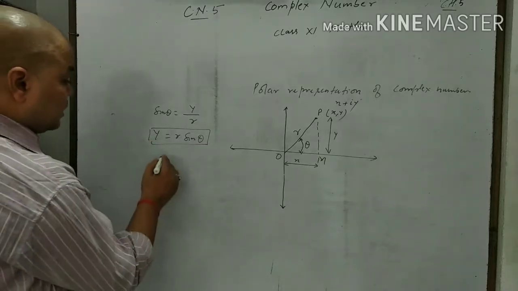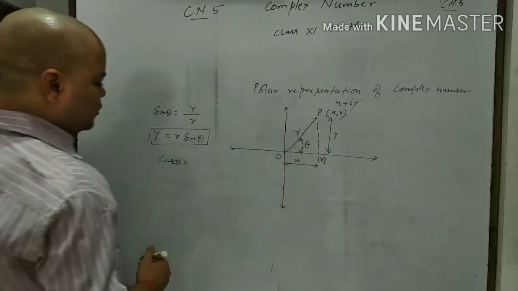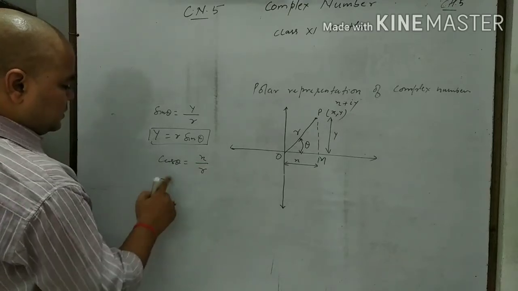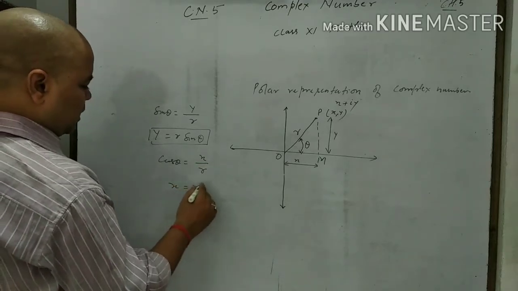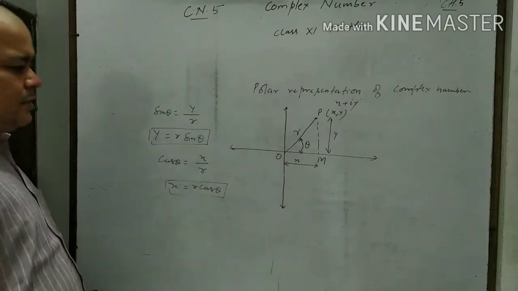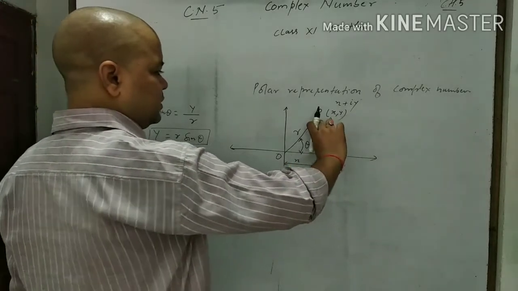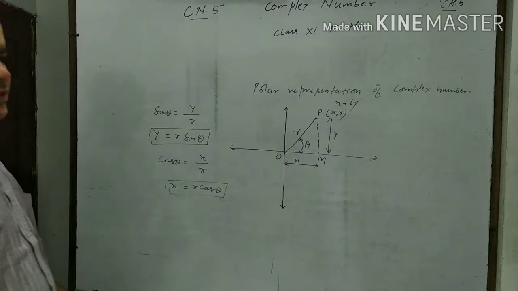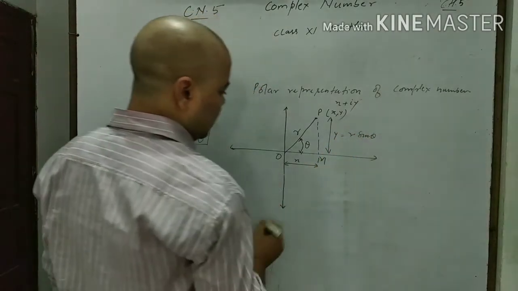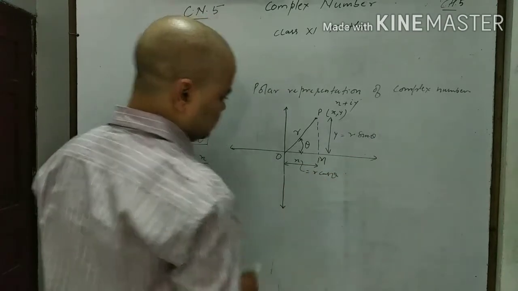And cos theta is base upon hypotenuse, which means x upon r. This represents that x is equal to r cos theta. It means here this represents r cos theta and this represents r sin theta: y is equal to r sin theta and x is equal to r cos theta.